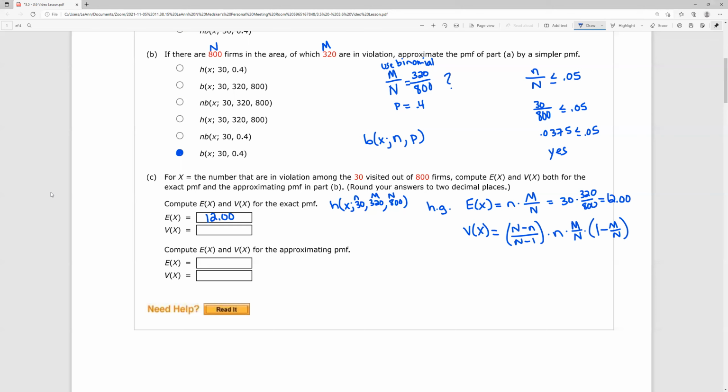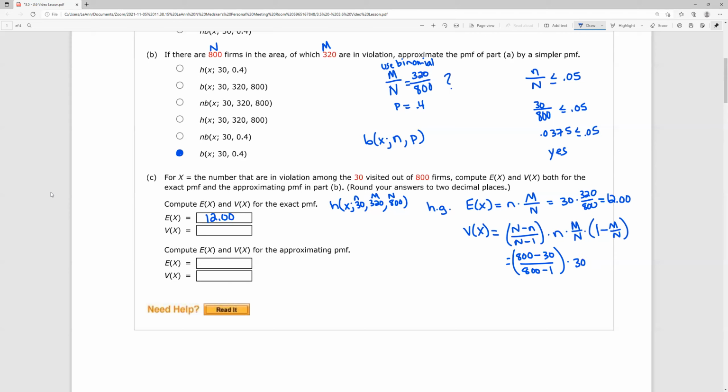Okay, for the variance on this one, we have big N, which was 800, minus the sample, which is 30, divided by big N again, minus 1. So we'll have that fraction times the, and if you want to just write 12 here, you could, because this is actually your E of X that we just did, the expected value.